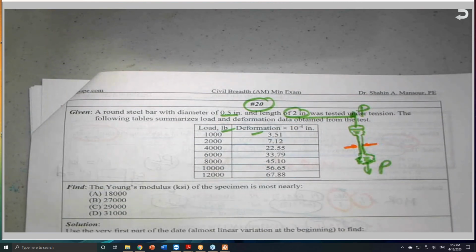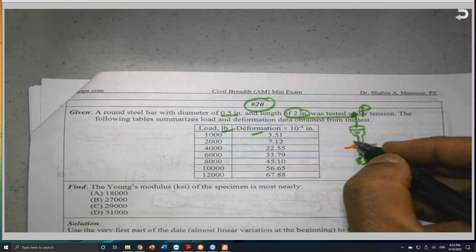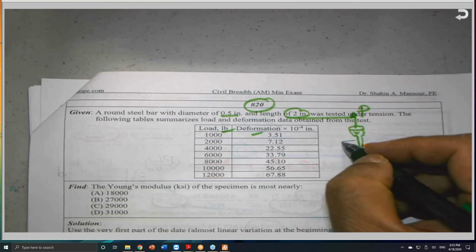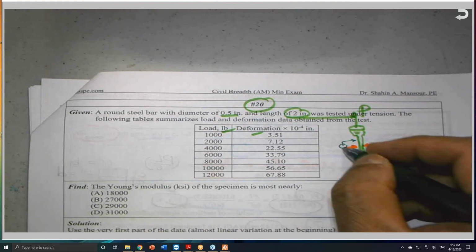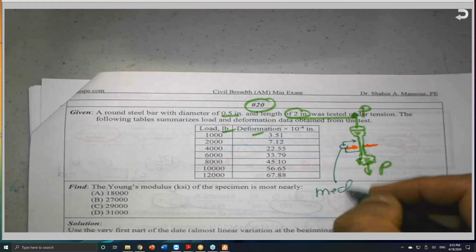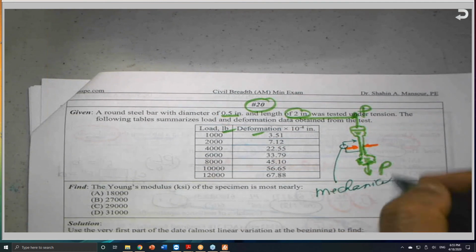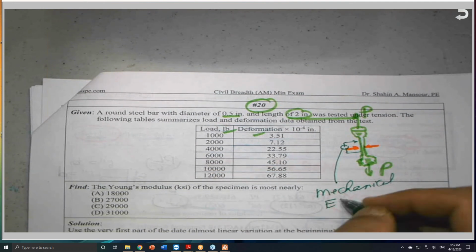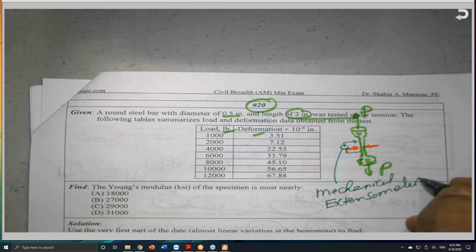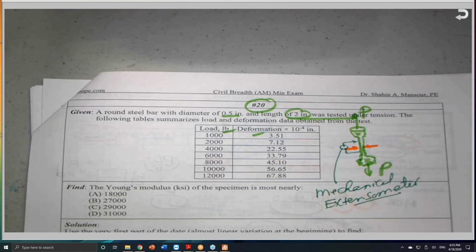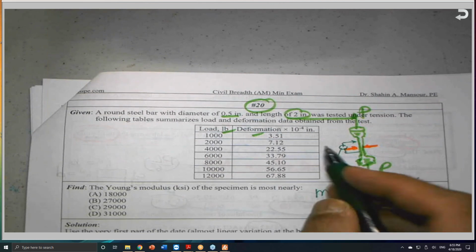And also we attach what is known as a mechanical extensometer, some kind of gauge to measure the deformation. It's called a mechanical extensometer. So this is the deformation, that delta.